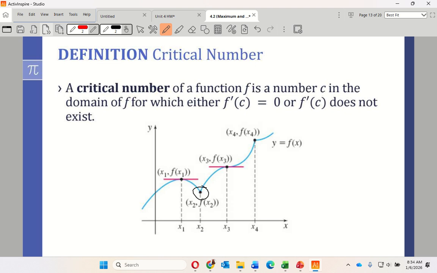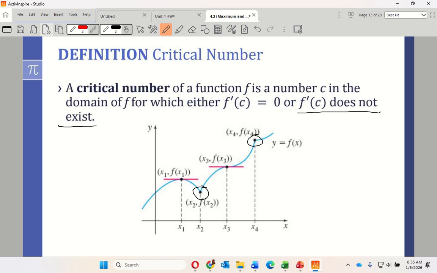No, that's a cusp. This one's a corner. But same concept. It's one of those pointy points. So I can't take a derivative at that point, but does that meet this criteria now? The derivative does not exist at those points, but it still can be one of my critical points here.